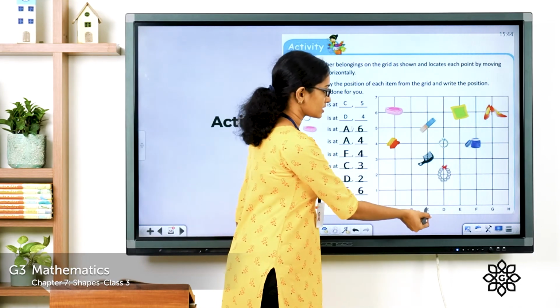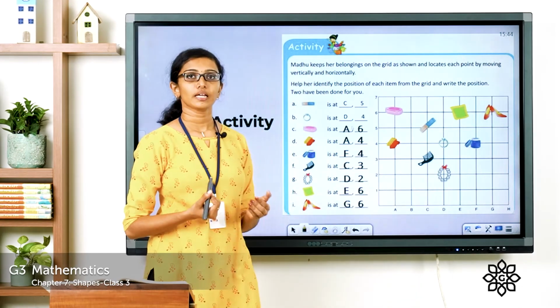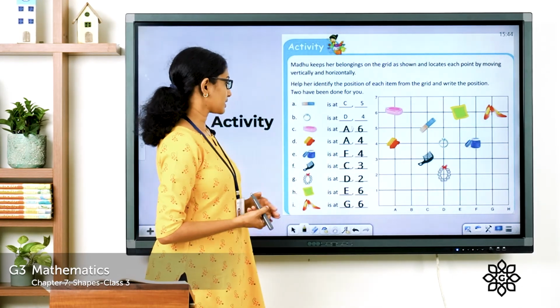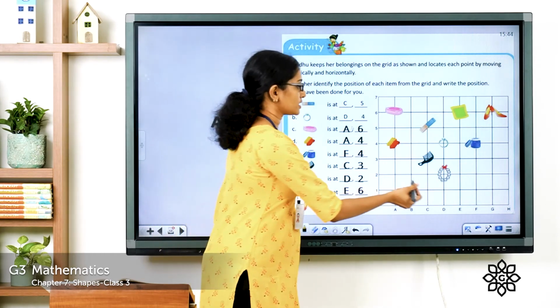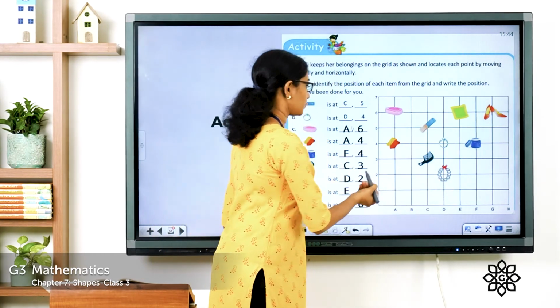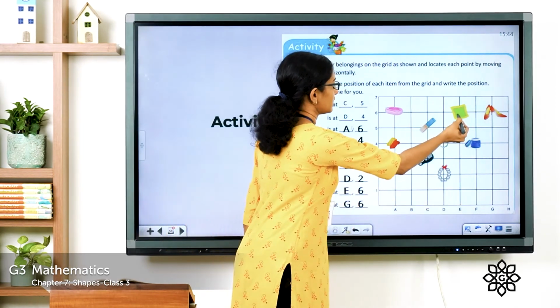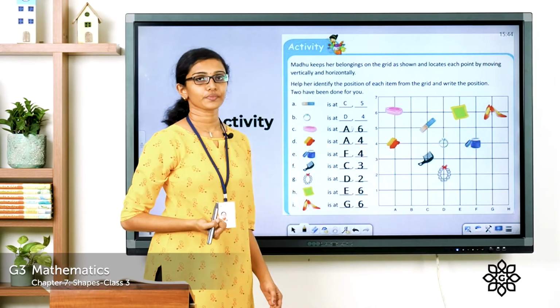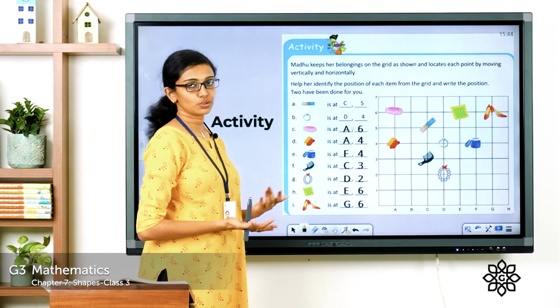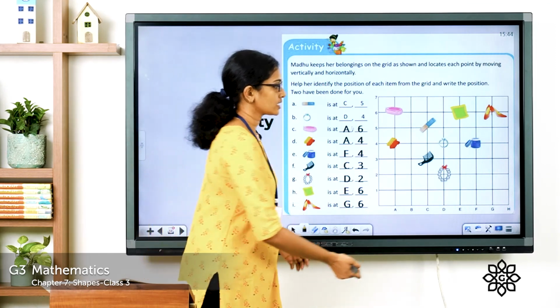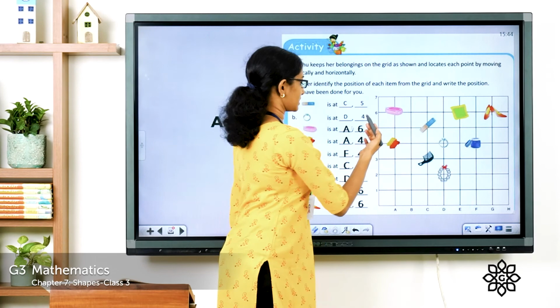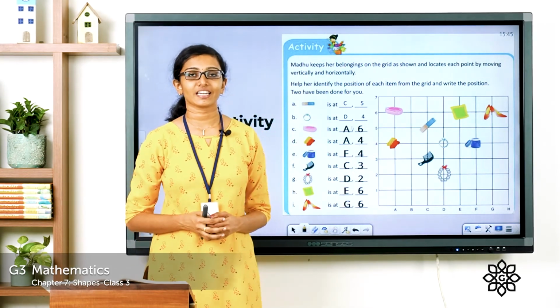That comb is at C3. Now G, the necklace. G is at D2. H is at E6. See? And the last one, the shoes. The shoes are at G6. Did you get all the answers correct?